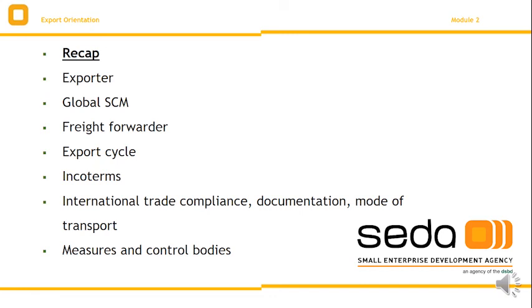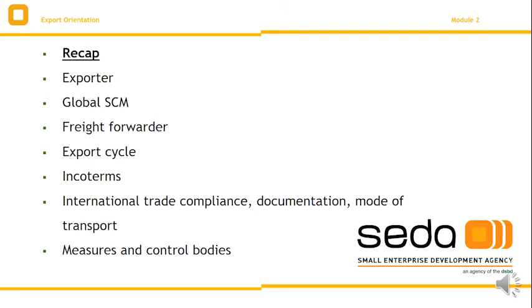We briefly looked at the export cycle and then we went into details with the different processes that are part of that cycle. We looked at Incoterms, what they are, where they are established, and the role that they play when it comes to defining who is responsible for what at the different stages in the shipment.